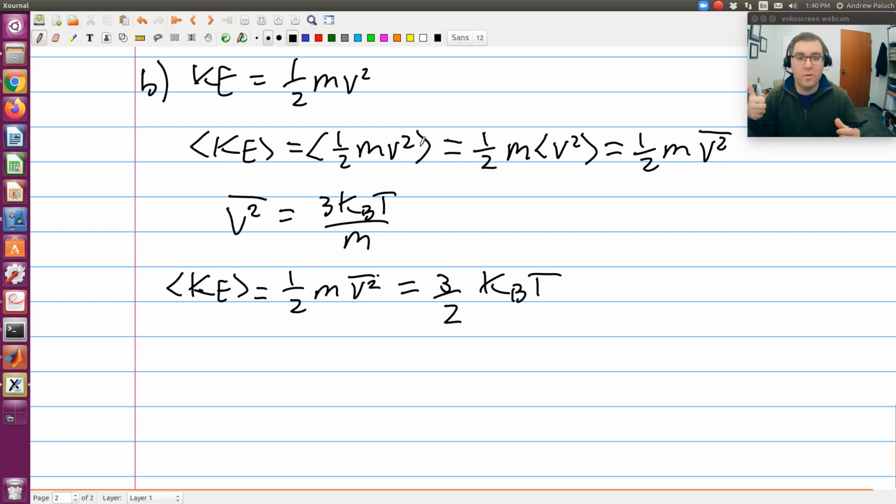So let's compute it. The mean kinetic energy is only a function of temperature. This is cool. The mean kinetic energy is only a function of temperature. It's independent of mass. So my mean kinetic energy is equal to 3/2, and now I need to look up kB. I'll write it down here as an aside.